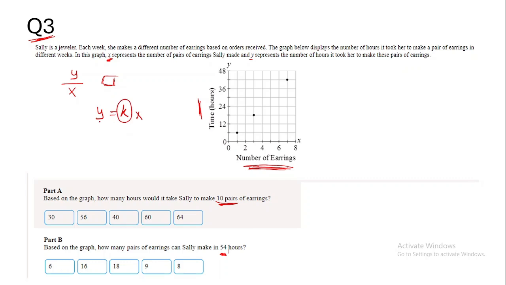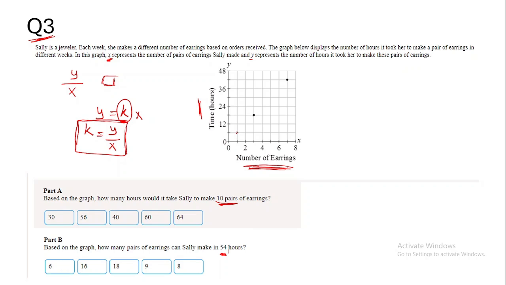So whatever values change, y changes or x changes, the constant value will be the same. So that means k will be equal to y over x, right? So now let's take some points and try to see if this equation is valid or not.